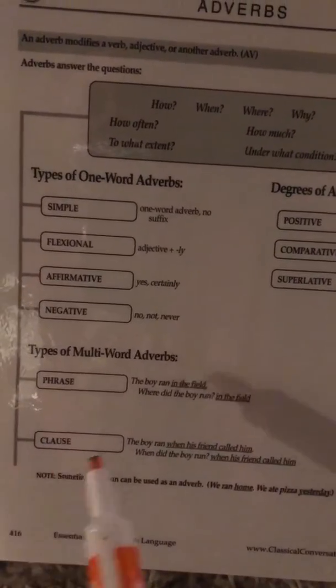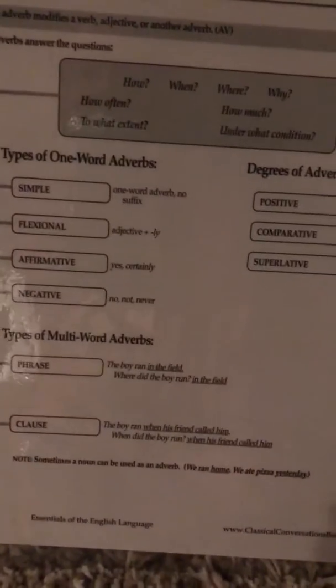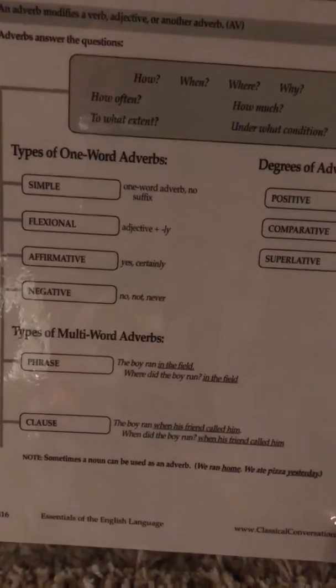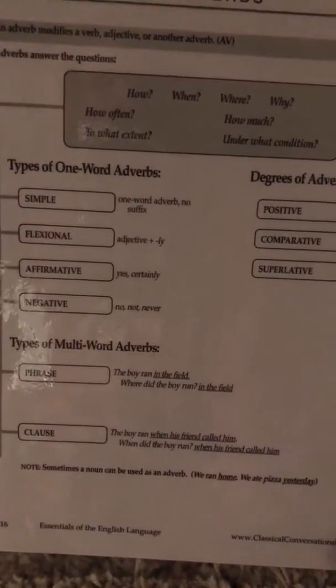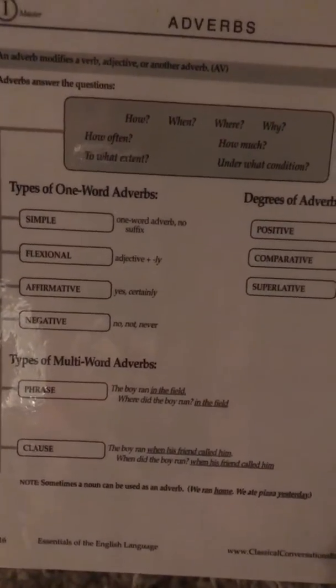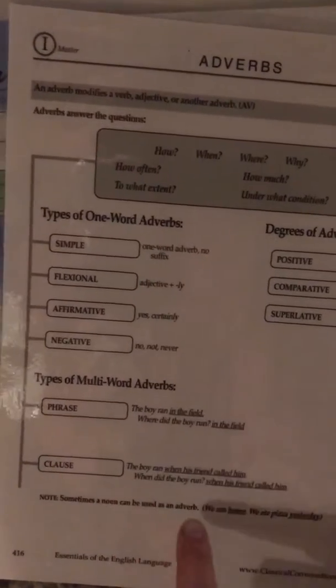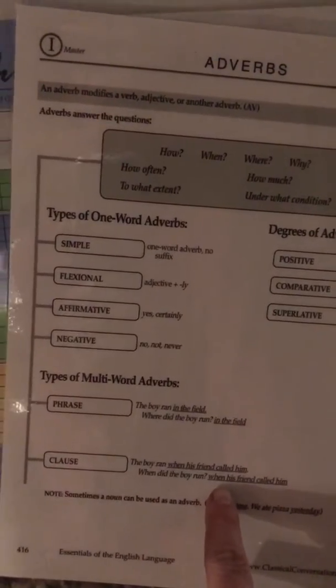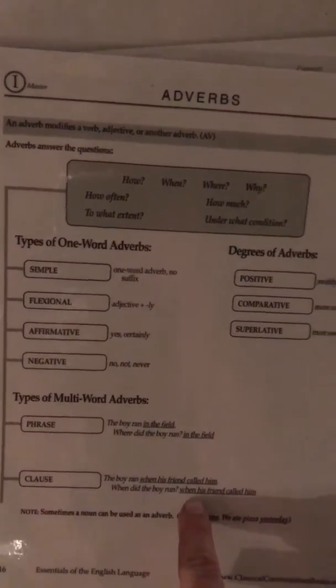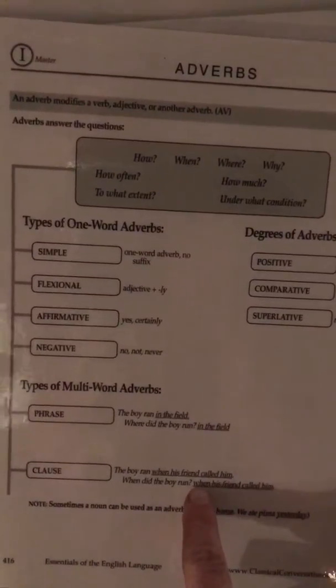So memorizing those, I'm going to sing that real quick so we can go over it again. A phrase is a group of words that does not contain both a subject and a verb and may be used as a single part of speech. So here it's adverbial. A clause is a group of words that does contain both a subject and a verb. So that's here, right?